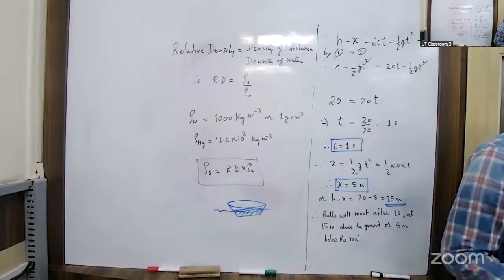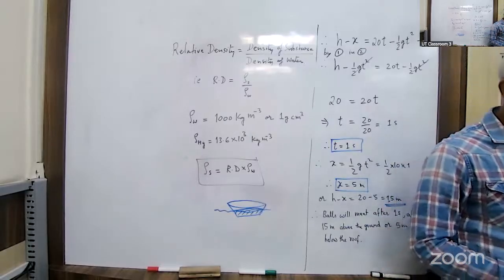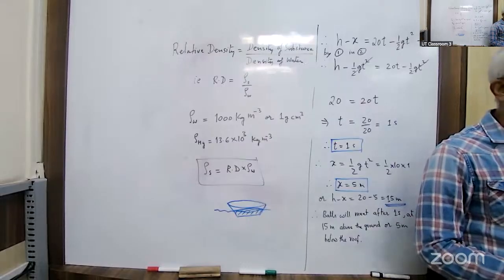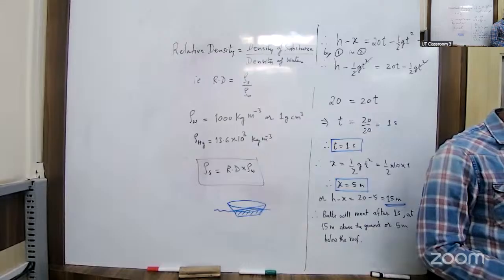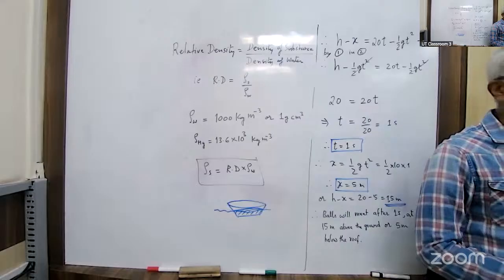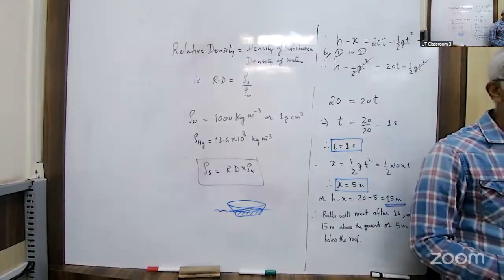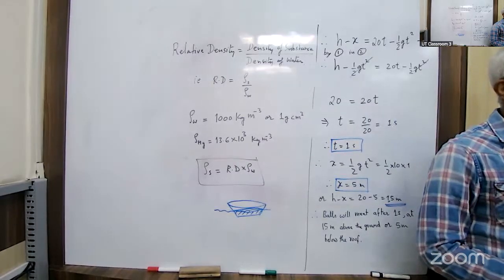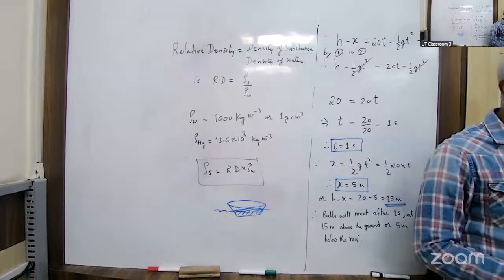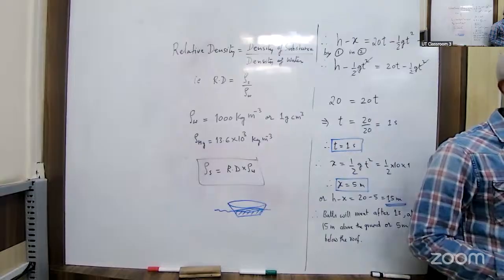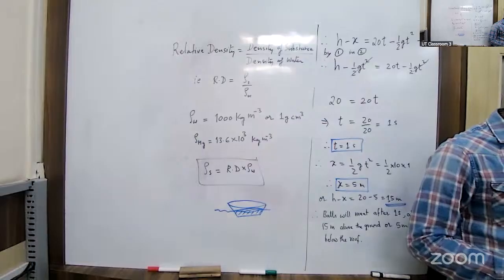So what answer will you write? The piece of iron sinks in water, but a ship made of iron floats because the average density, write down, the average density of the ship. You don't write submerged, you have to take the average density of the full ship.